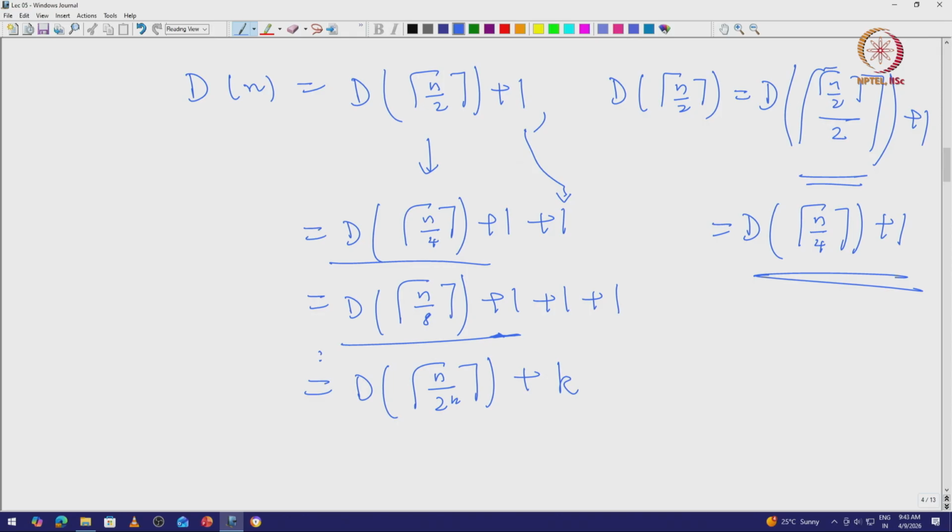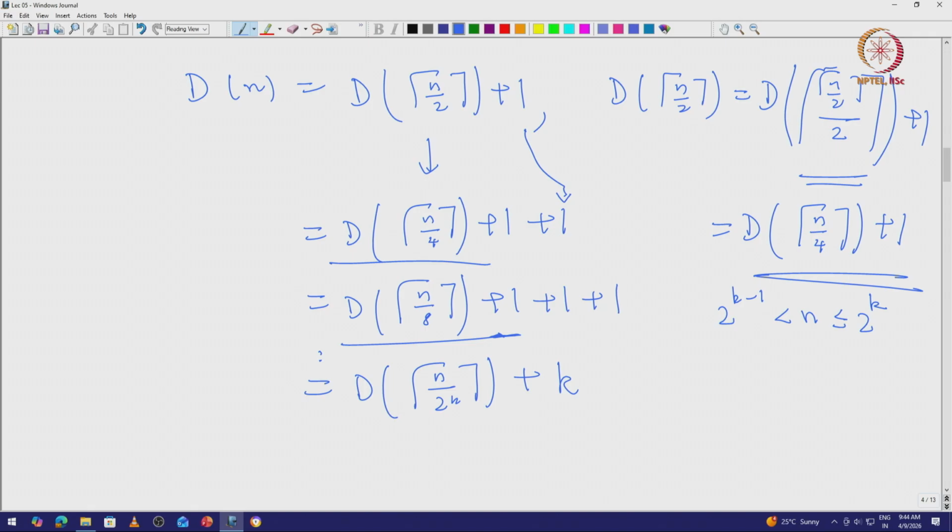Now, let us assume that 2 power k minus 1 is less than n less than or equal to 2 power k. Let k be an integer such that, because n is going to be between 2 powers of 2. It can be a power of 2 or it can be between 2 powers of 2. For any n there will be a k like this. So, if it is like this, then n by 2 power k, right.